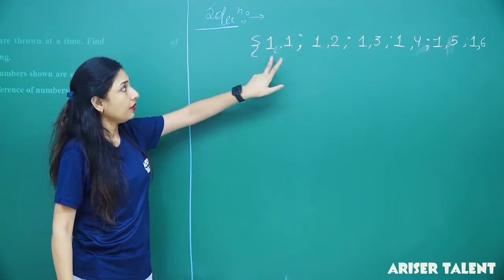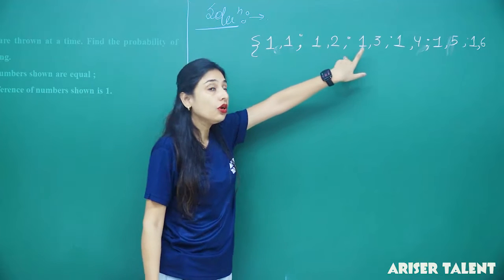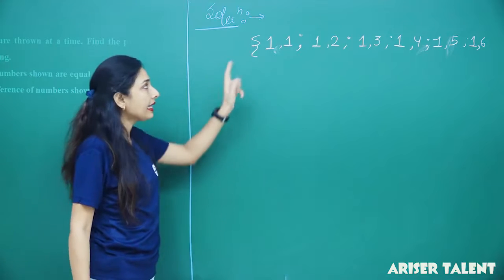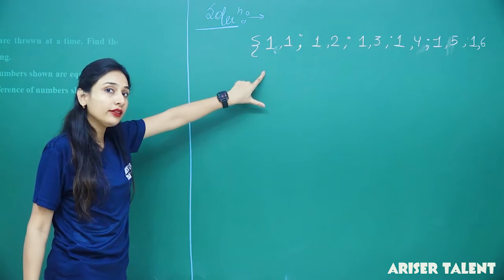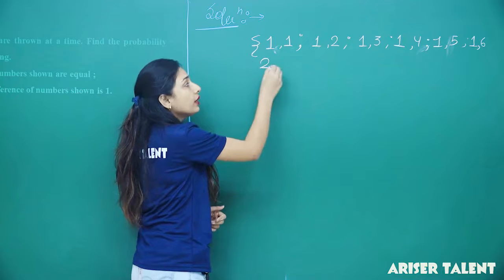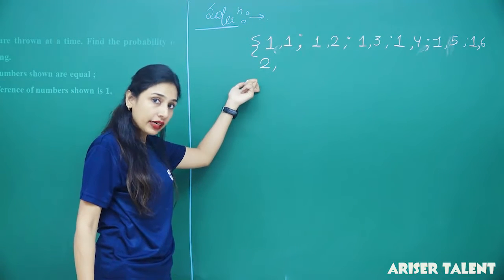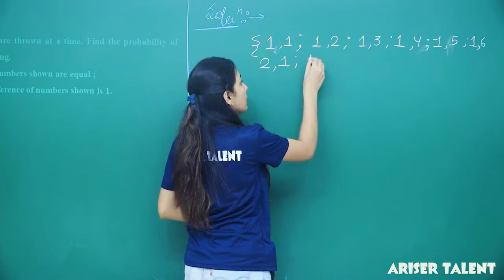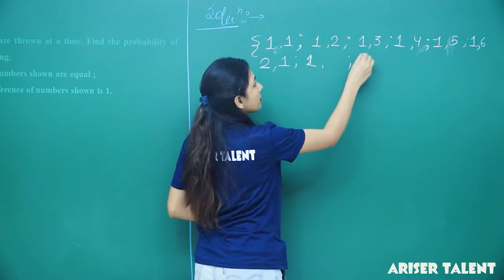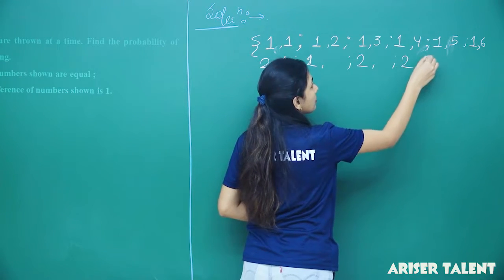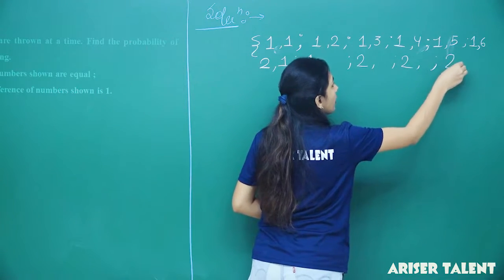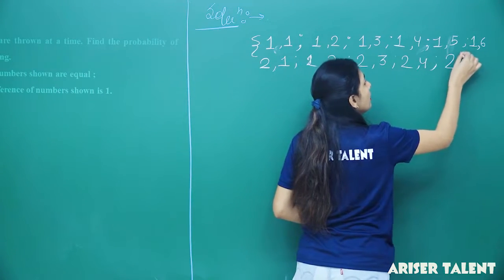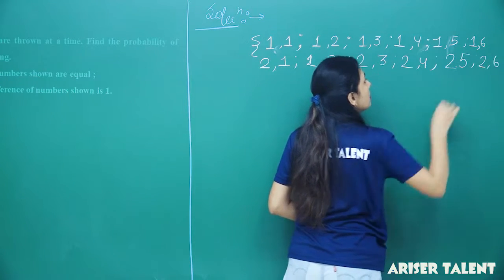I can have 1,1; 1,2; 1,3; 1,4; 1,5 and 1,6. Now I can have 2 in the first dice also, and then the second dice can have 1. 2 is constant here. So it can have 1, 2, 3, 4, 5 and 6.